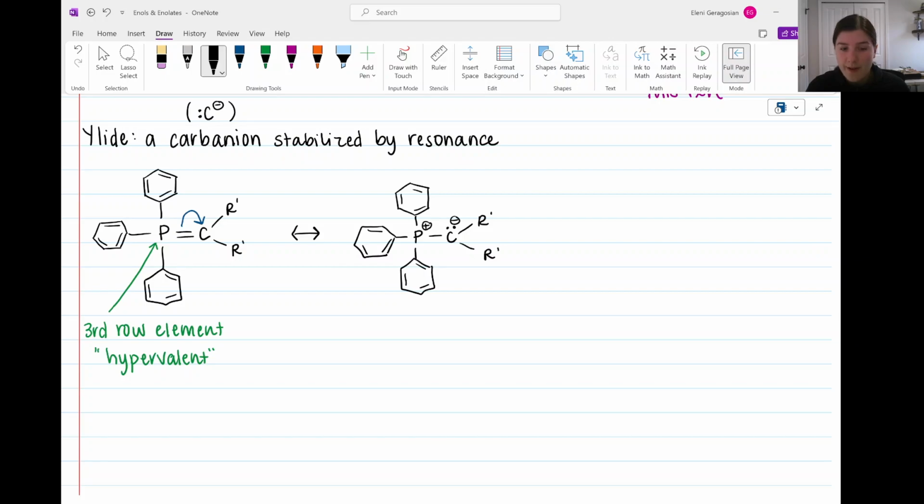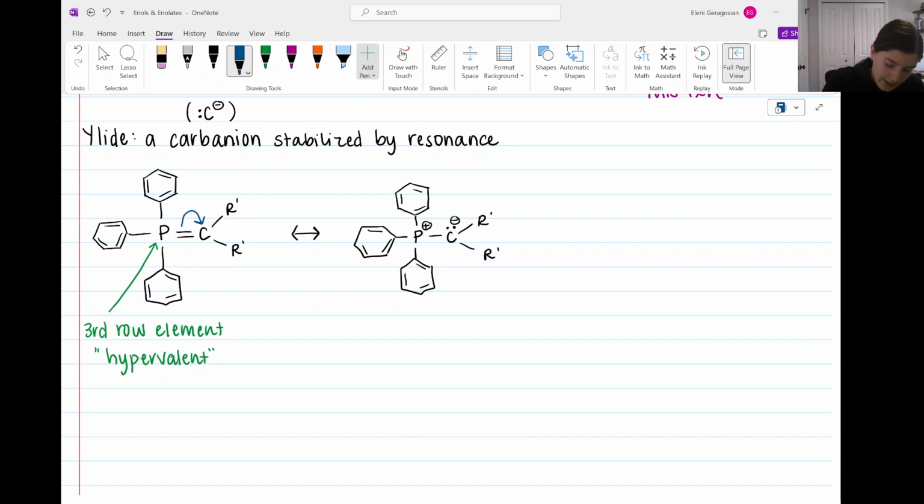Now remember, the phenyl rings are electron donating groups through resonance. I won't show that resonance here, but you might imagine that a pi bond from a phenyl ring can resonate. And that way that positive charge is delocalized across phosphorus and all of the atoms in the phenyl rings. So this is a resonance stabilized carbanion structure.